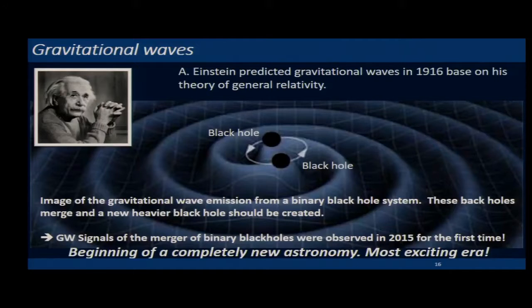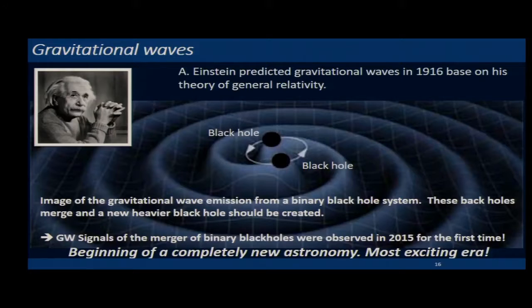Albert Einstein predicted gravitational waves about 100 years ago, in 1916, based on his theory of general relativity. And this is the image of the gravitational wave generated by binary black holes. Eventually, these binary black holes merge and a new, heavier black hole should be generated.